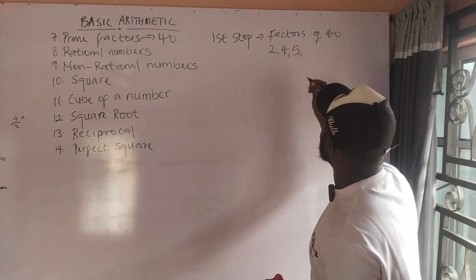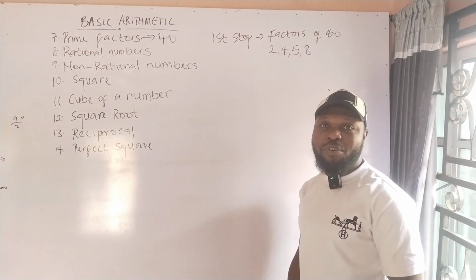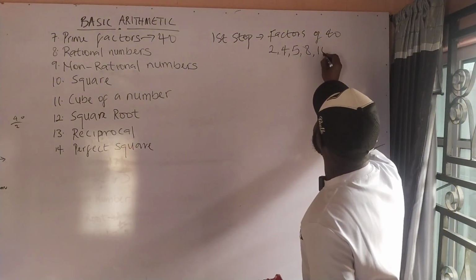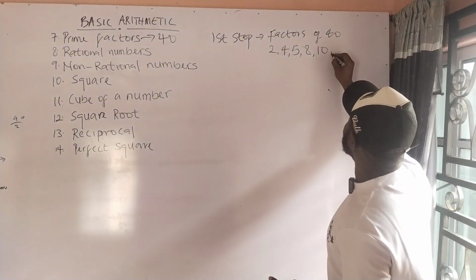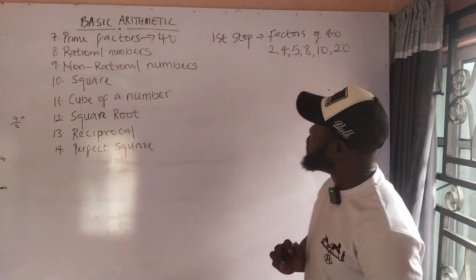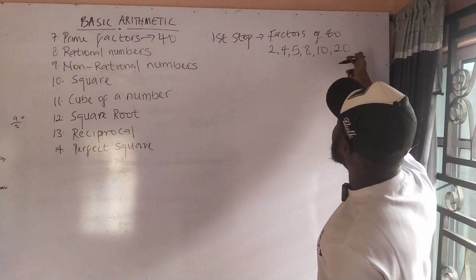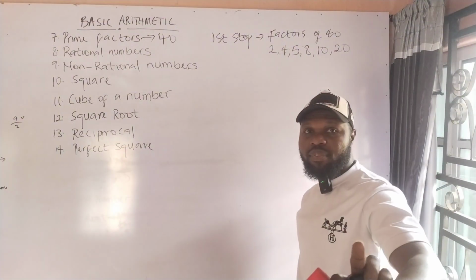What other factors? We also have 8. 8 is also a factor of 40, while 10 is another factor of 40. 20 is also a factor of 40. So 2, 4, 5, 8, 10, and 20 are all factors of 40. That is the first step.